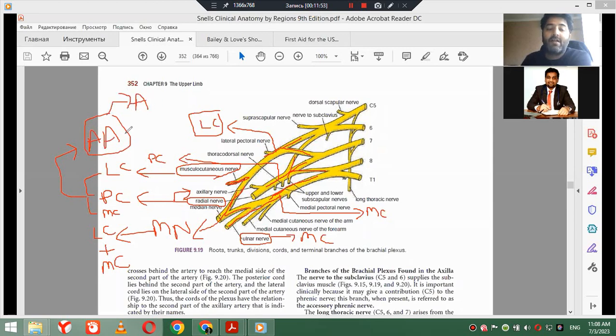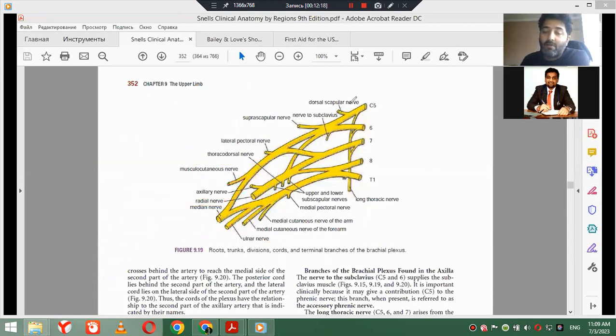This artery along with the brachial plexus is covered by a sheath known as the axillary sheath. Okay, the axillary vein is outside the axillary sheath. And this axillary sheath is a continuation of the prevertebral fascia. Which fascia? Prevertebral fascia.